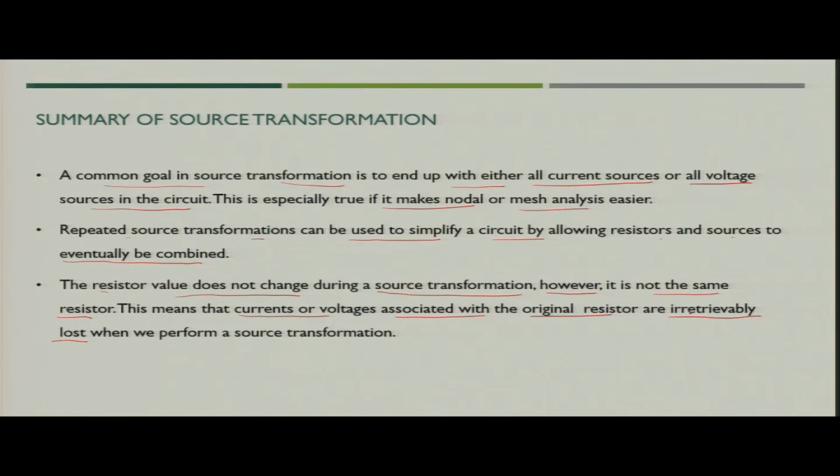It means that you cannot retrieve the output of the resistor unless you revert back to the original form. So although the resistor value remains the same, the association has changed.